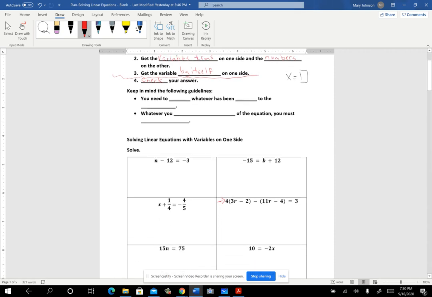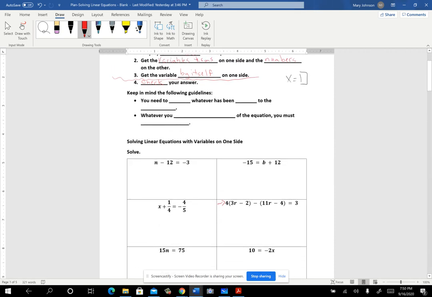Instead, you need to keep in mind the following guidelines. Okay. The first one says you need to undo whatever has been done to the variable. Okay, what I mean by that is on that example, 2x plus 5 equals negative 13. Here's your variable.